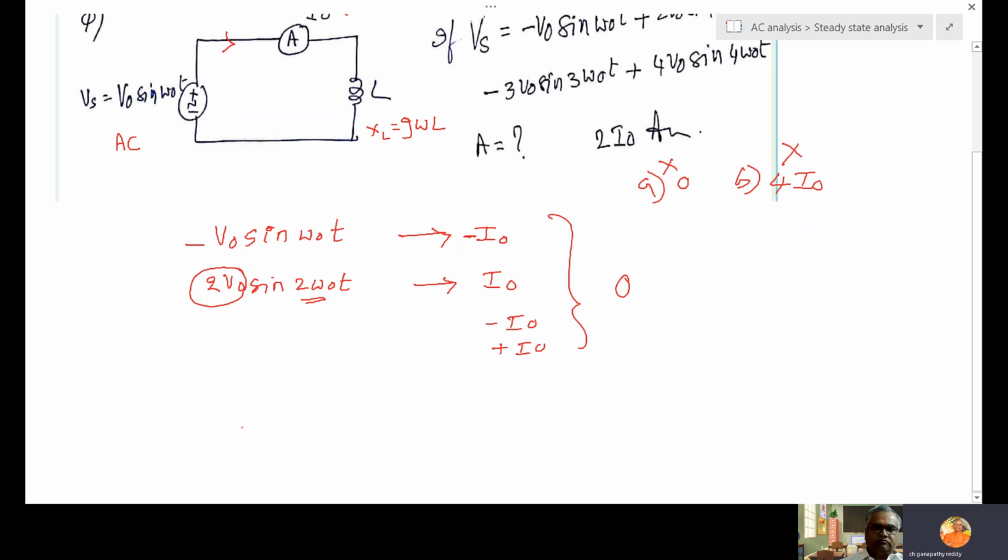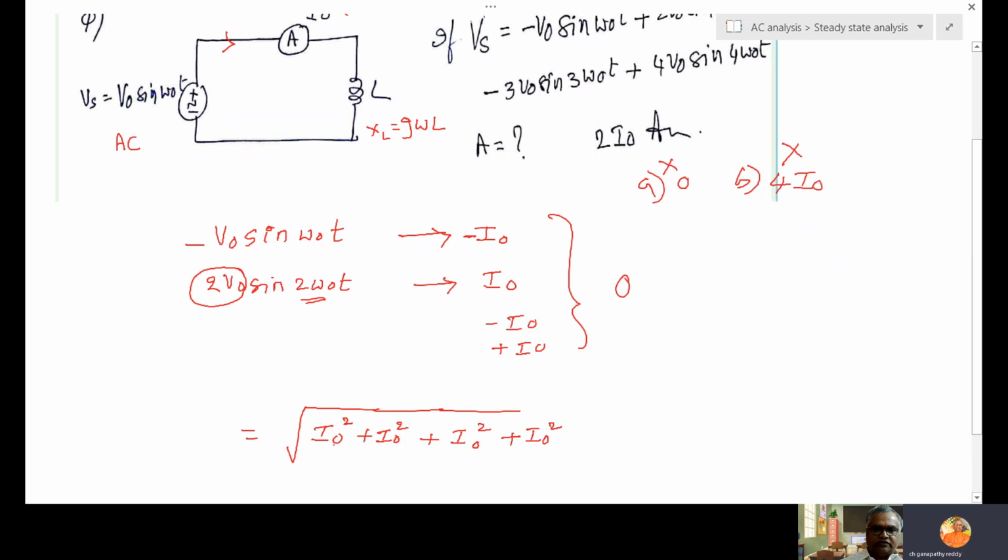Third, some students solve like this. Root of I naught square plus I naught square plus I naught square plus I naught square.